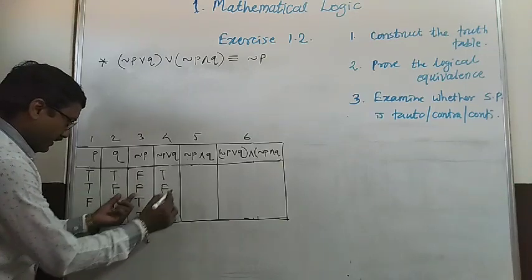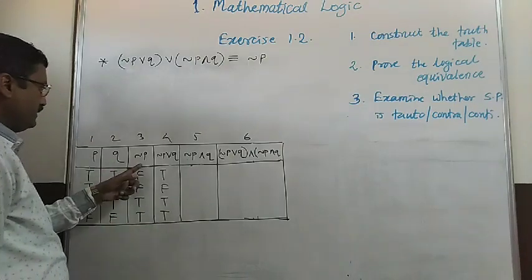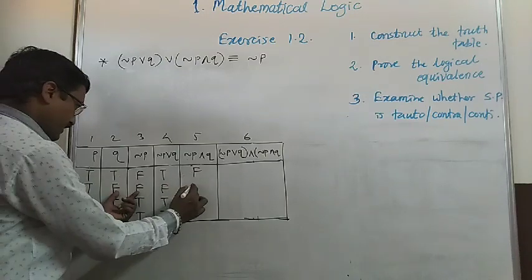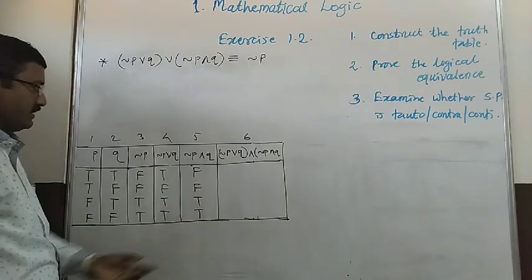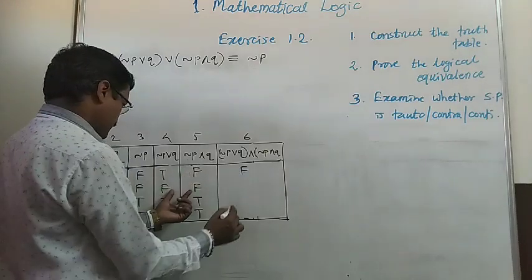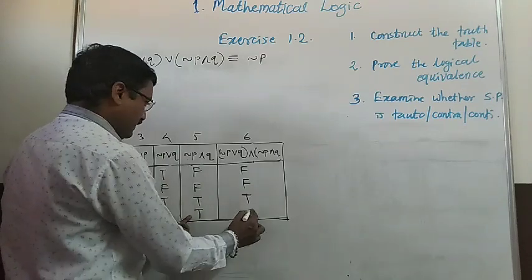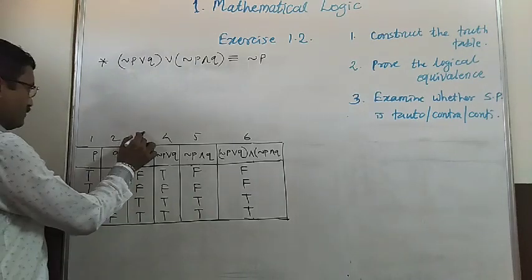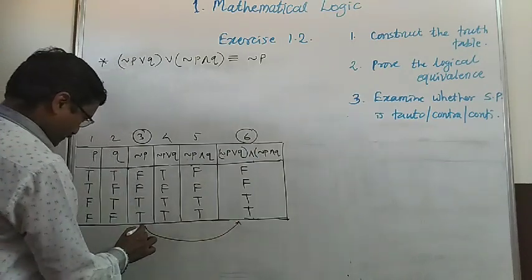Negation of P and Q means the conjunction of these two, that is F, F, T and T. Last one, the conjunction of these two, that is F, F, T and T.